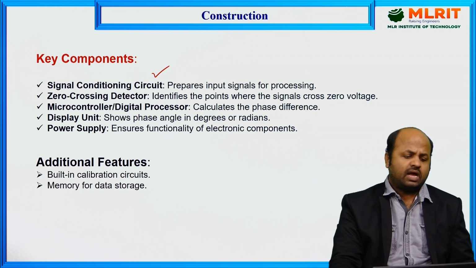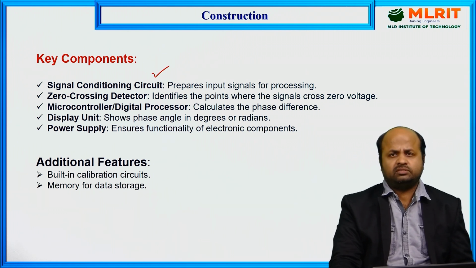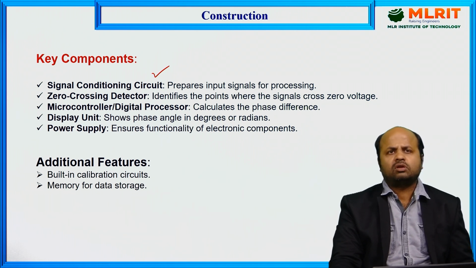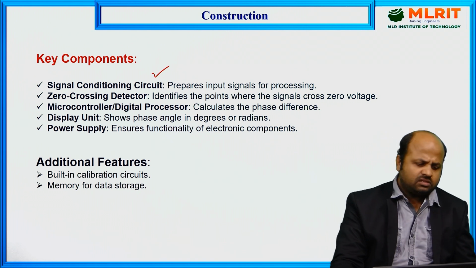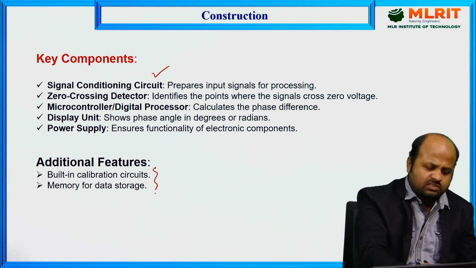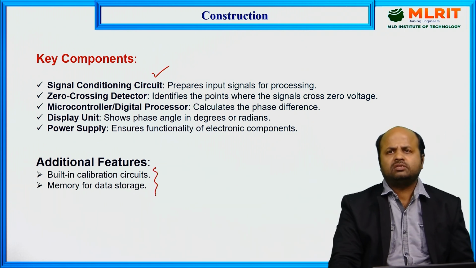Then we have a display unit to show the phase difference in degrees or radians. And to ensure the functionality of electronic components, obviously we have to apply the power supply. Additional features: we have built-in calibration circuit and memory for data storage. So these are some additional features of digital phase meters.